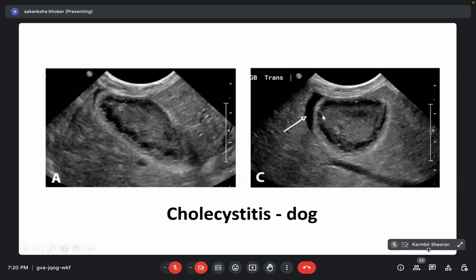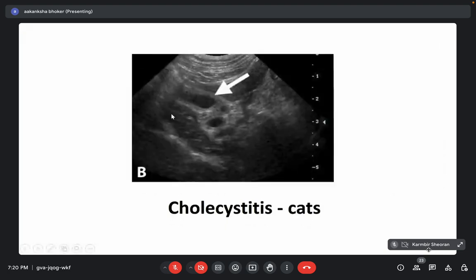There is some mucus here also, and the sludge is very hyperechoic. Also, it is associated with some cranial effusion. These crescent shaped effusions can be seen. So whenever we are seeing this thickening of the gallbladder wall along with the presence of echogenic sludge, we can say it is cholecystitis. And if the inflammatory changes are seen along with the liver, then it can be cholecystohepatitis.